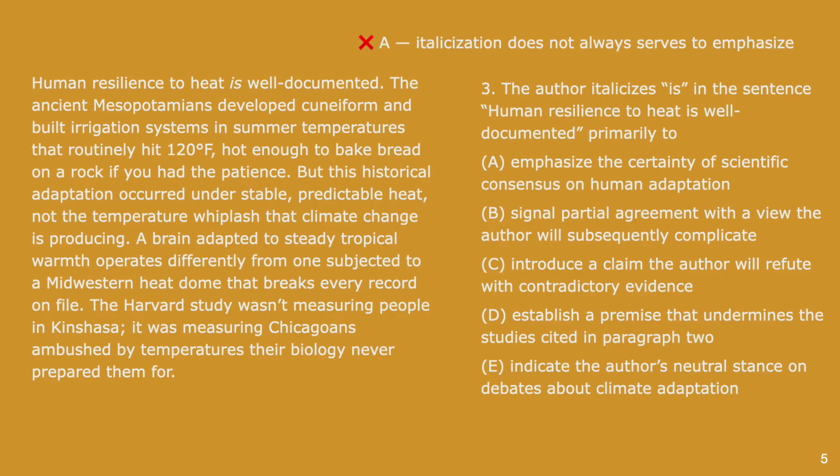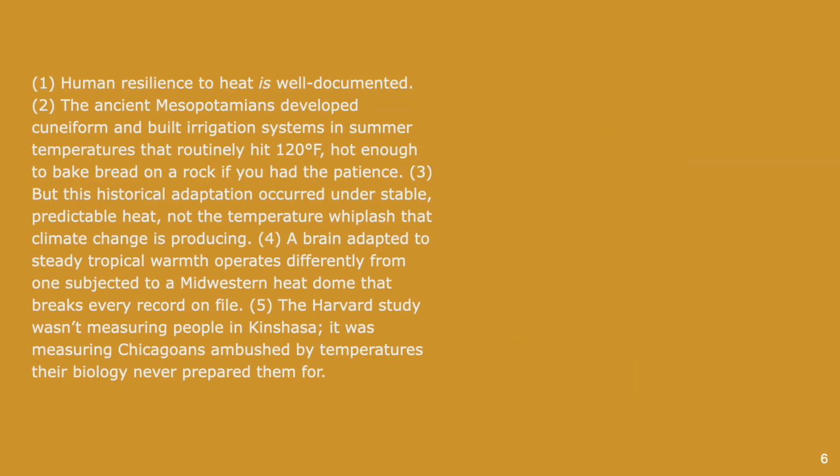Some students pick A because they've learned that italicization usually emphasizes something. That's true, but again, the same rhetorical choice can have different functions in different contexts. Look at how the first 3 sentences logically connect.